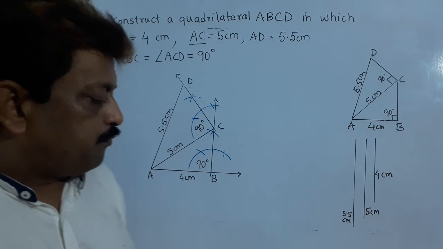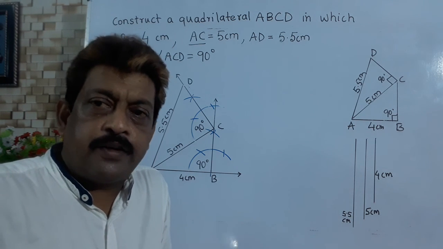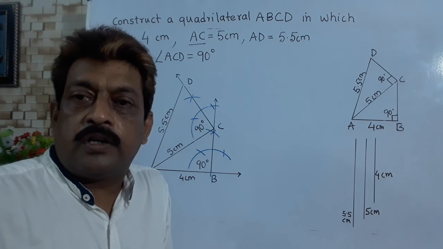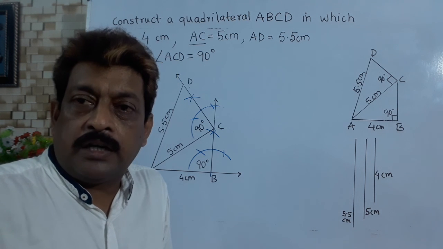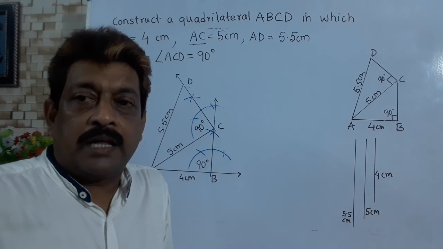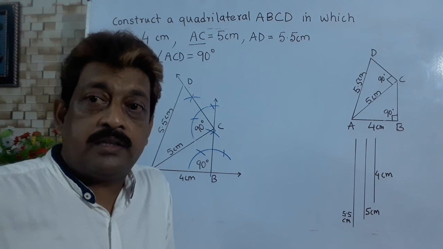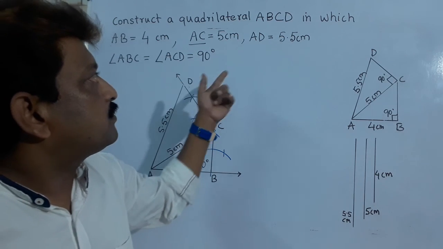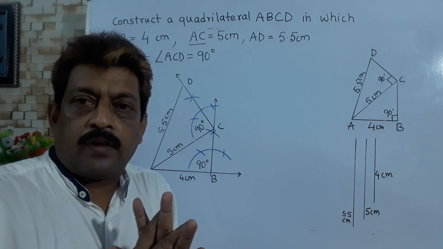So by now we have finished so many diagrams of all different types, given for a quadrilateral to be constructed, like 4 sides, 1 diagonal, 3 sides, 2 diagonals, 4 sides, 1 angle, 3 sides, 2 angles, 2 sides, 3 angles, 2 sides, 2 angles, and 1 diagonal. So some different types of sums we have done.